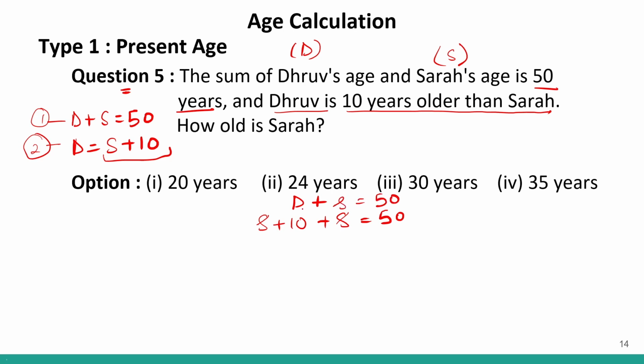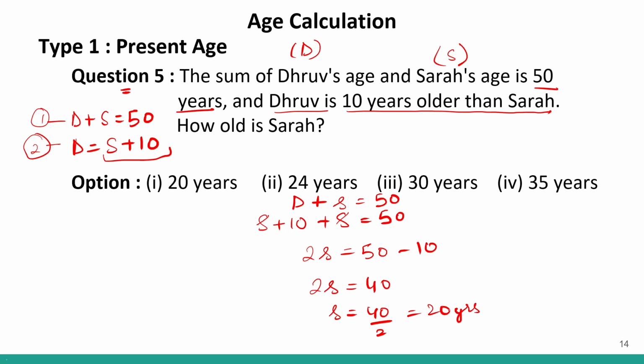It is given to us that D plus S equals to 50. So, substituting the value of D, S plus 10 plus S equals to 50. So, this will be 2S and this will be 50 minus 10. If I take it this side, it will turn negative, correct? So, 2S will be equal to 40. So, what will be the value of S? It will be 40 by 2, that is 20 years.